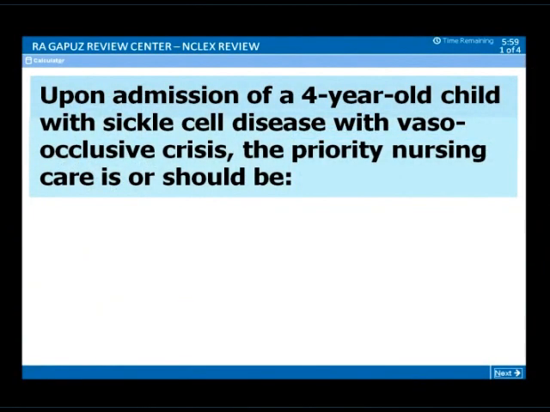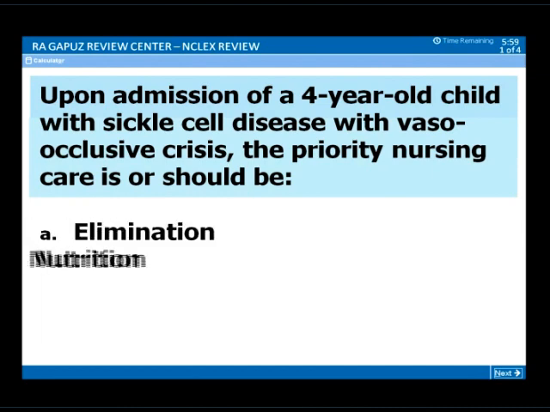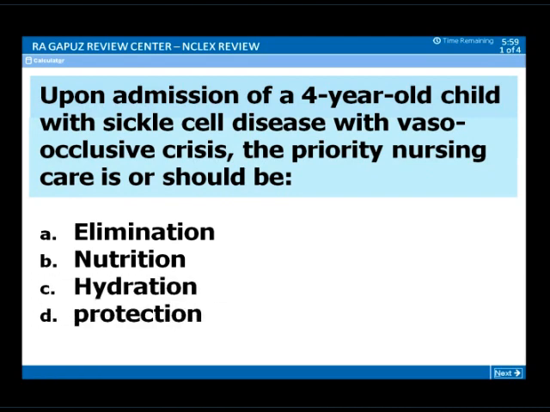Let's have an example. Upon admission of a 4-year-old child with sickle cell disease with vaso-occlusive crisis, the priority in nursing care is or should be A, elimination, B, nutrition, C, hydration, or D, protection.